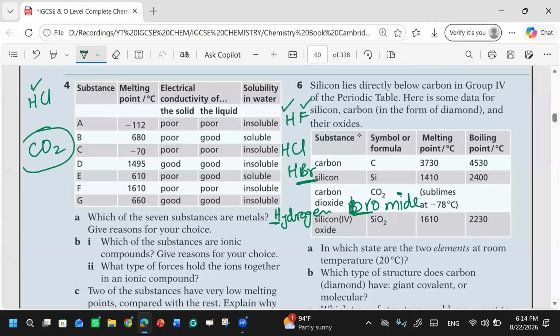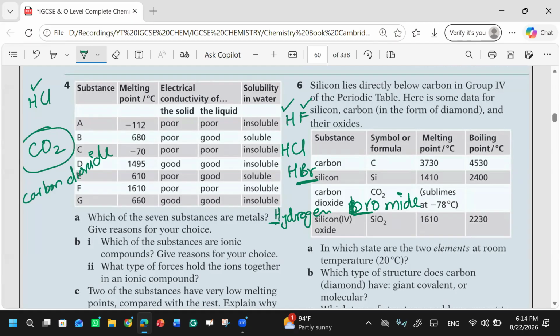Carbon, because it's in group 4, but oxygen is in group 6. So the lower group number will always come first. So carbon dioxide. We will write it like this.